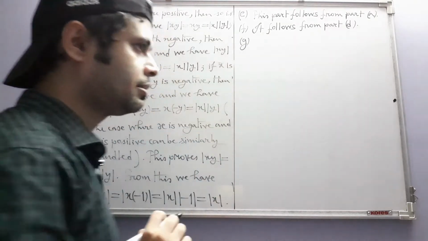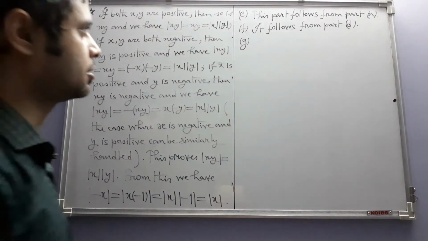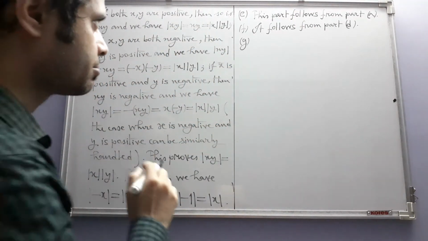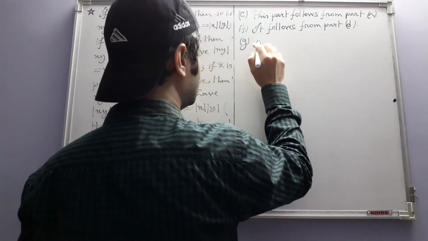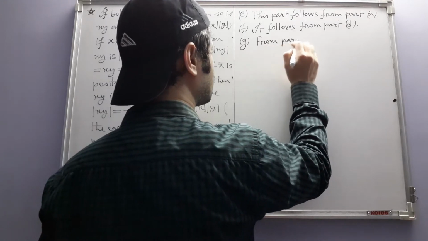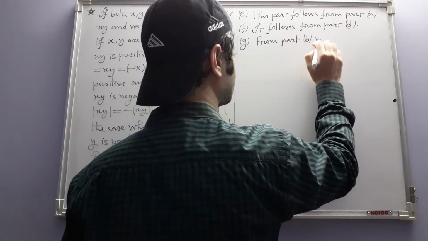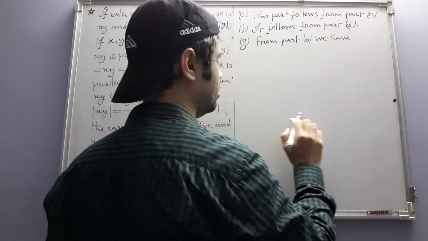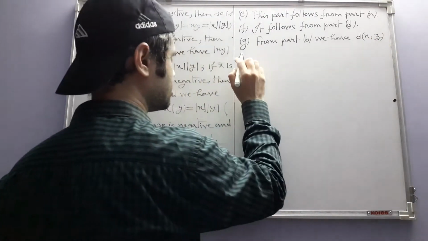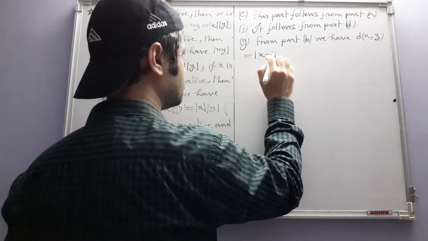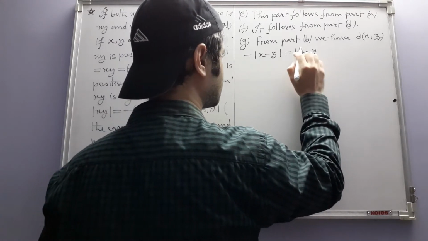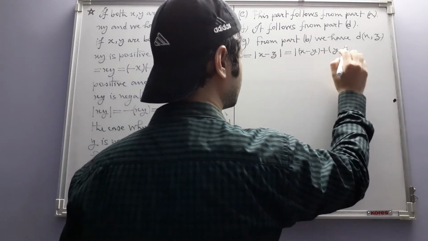And finally, in part G, we have triangle inequality for distance. So that will follow from the triangle inequality for absolute value in this way. Here we will write something from part B. We have d of x comma z equal to this, which can be written as this plus y minus z.